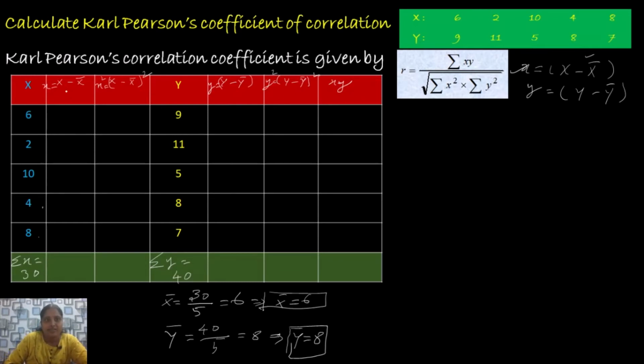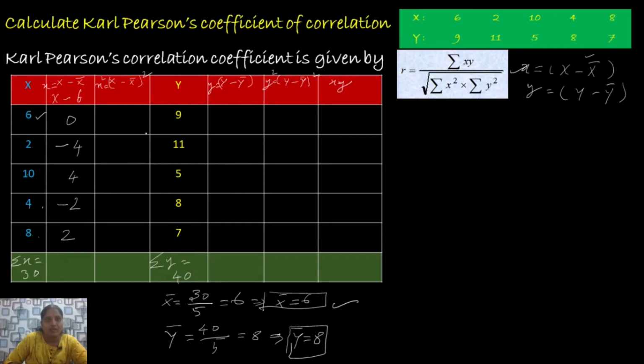First let me calculate x minus x bar. The x bar value we have calculated as 6. So x minus 6, that is 6 minus 6, 0, 2 minus 6, minus 4, 10 minus 6, plus 4, 4 minus 6, minus 2, 8 minus 6, plus 2.